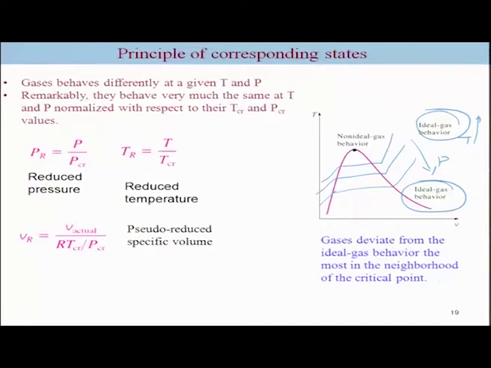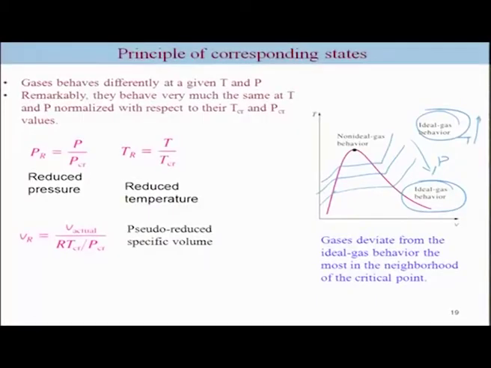Now, the other important thing is that it was noted that if you reduce properties such as pressure, temperature and volume by their critical point values, then many substances with similar sizes start behaving similarly in a reduced plot. This is the principle of corresponding states.